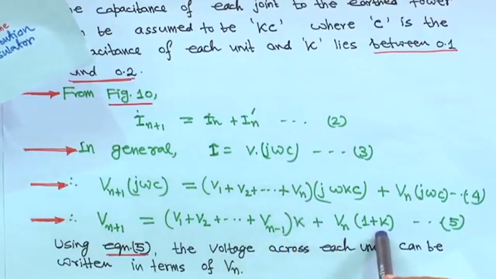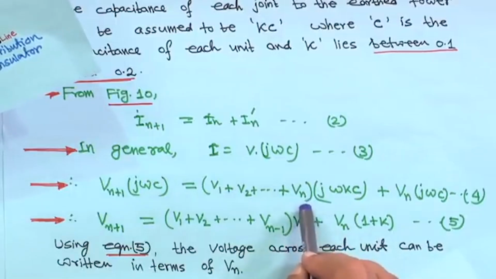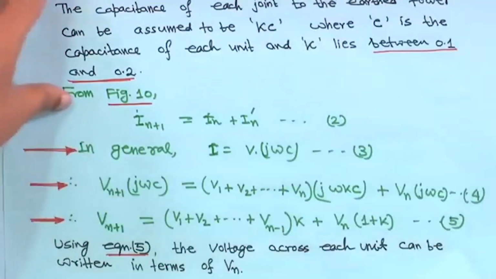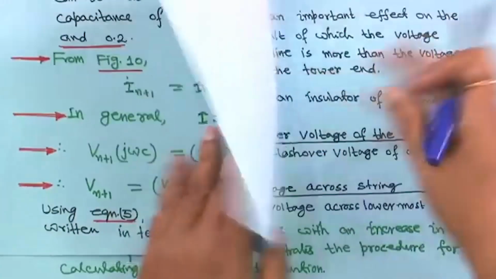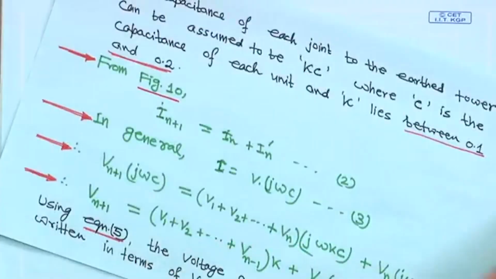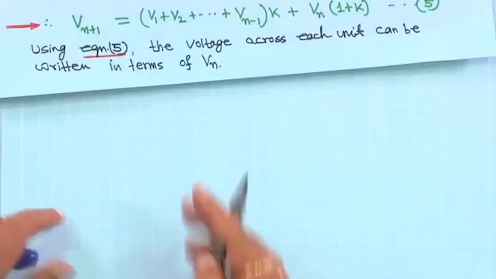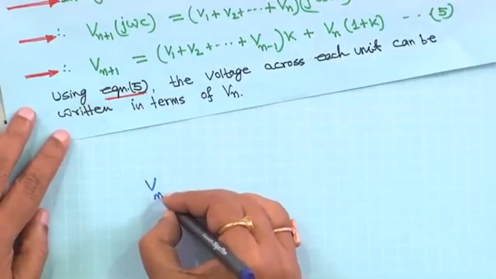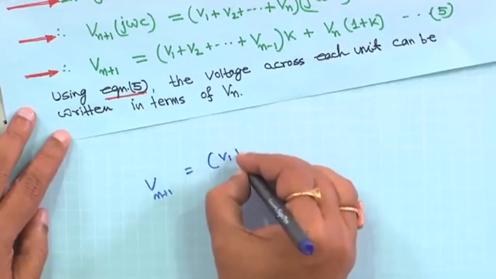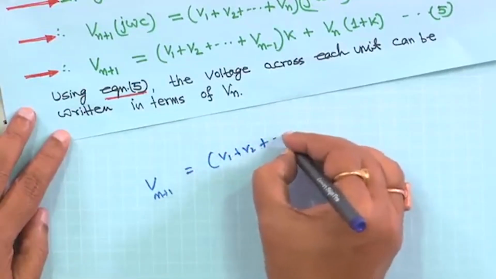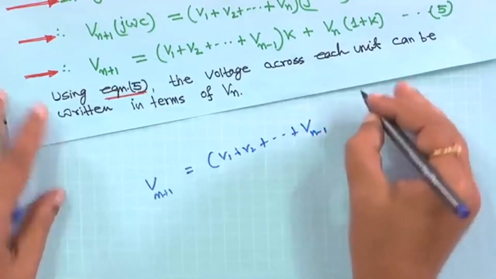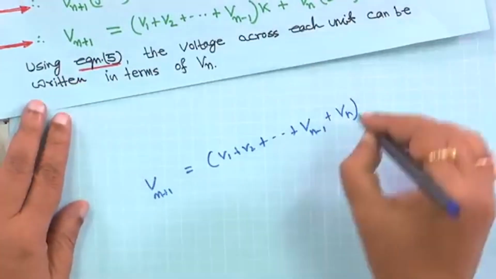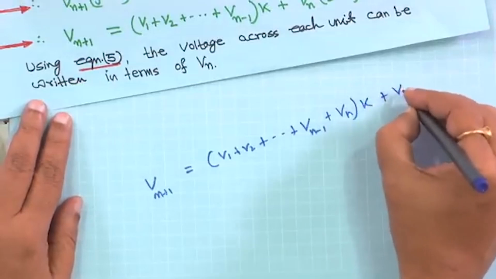That means the nth term, Vn into k, is added here. Actually, if you write this equation, it will be Vn plus 1 is equal to V1 plus V2 plus up to Vn minus 1, the previous terms, plus Vn into k, plus Vn.